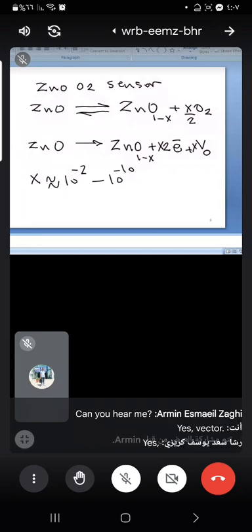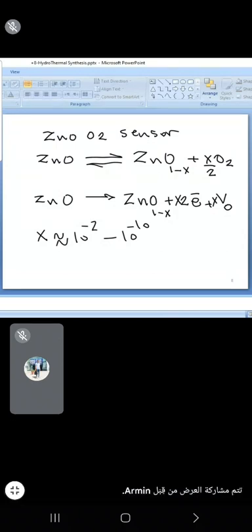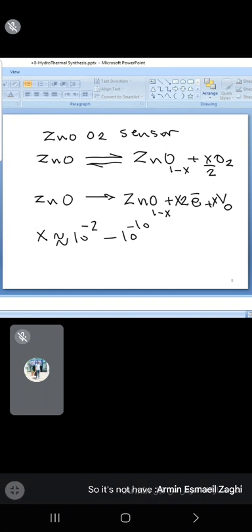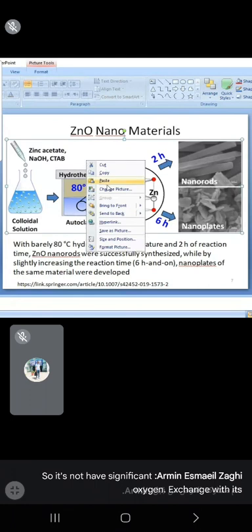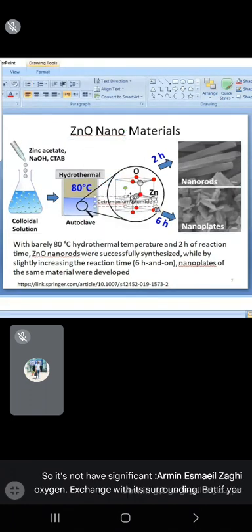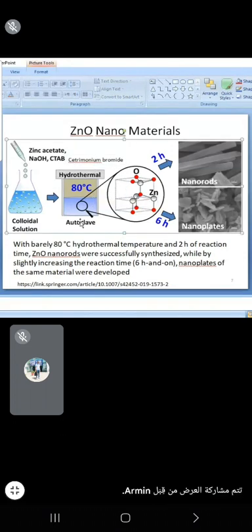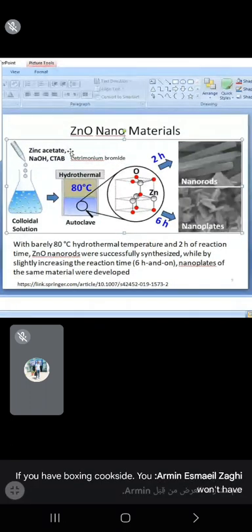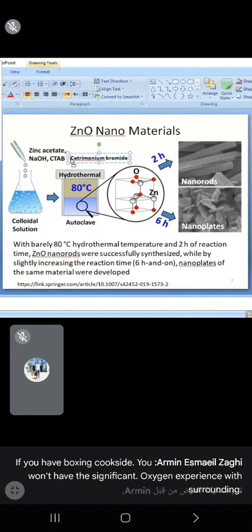If you have bulk zinc oxide, the bulk zinc oxide is the large crystals of zinc oxide, so it does not have significant oxygen exchange with its surroundings.